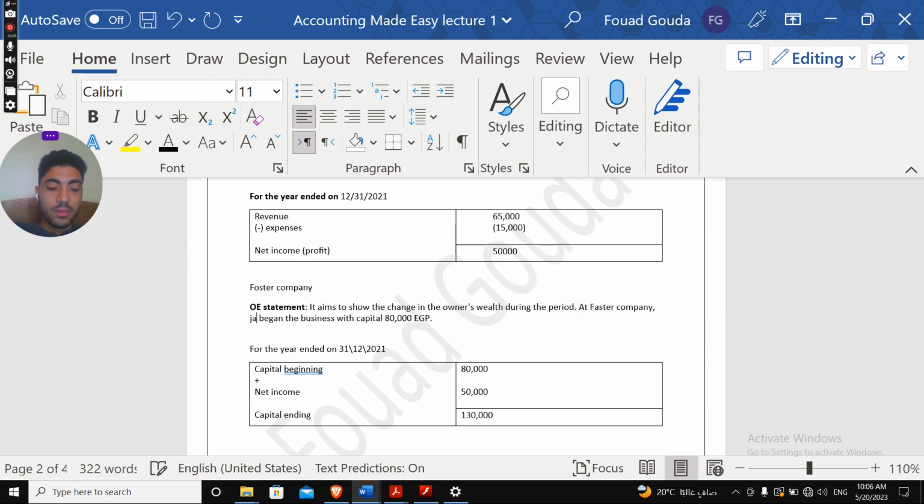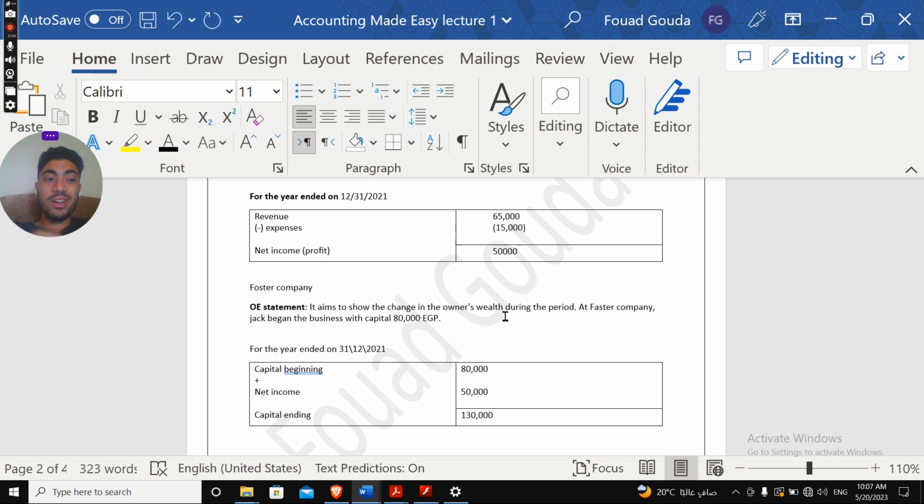What's Jack's capital when he came to me asking for advice? It was only the $80,000 that he had, right? So that's called a beginning capital. We are proceeding to see if that specific capital increased or decreased. So we call it a capital beginning.